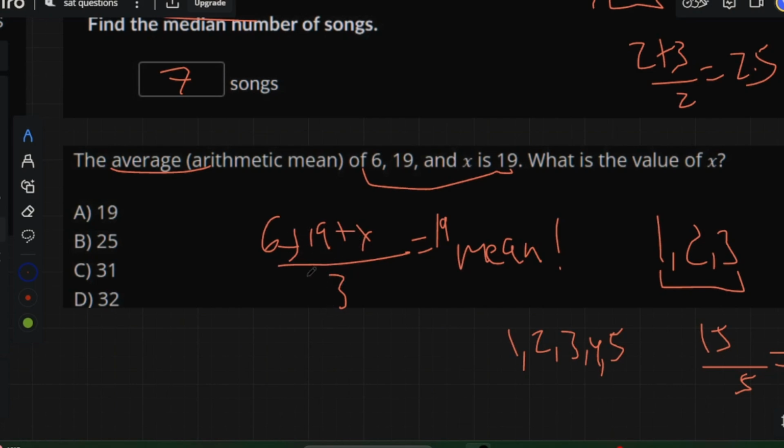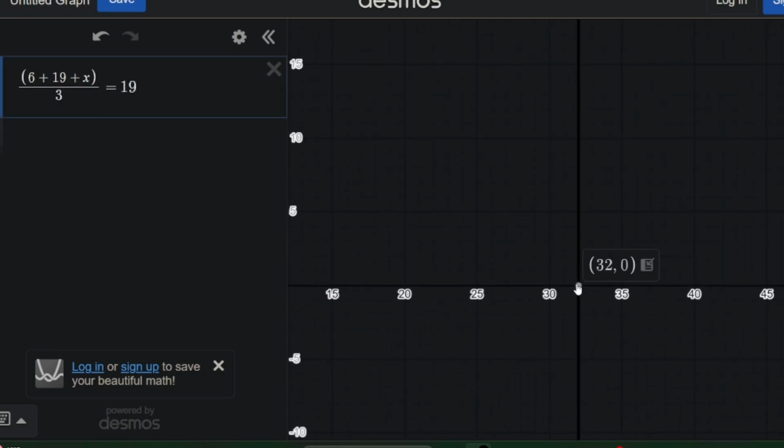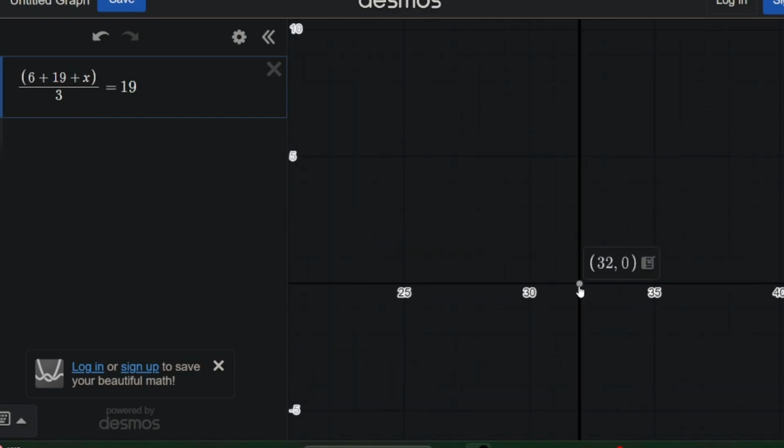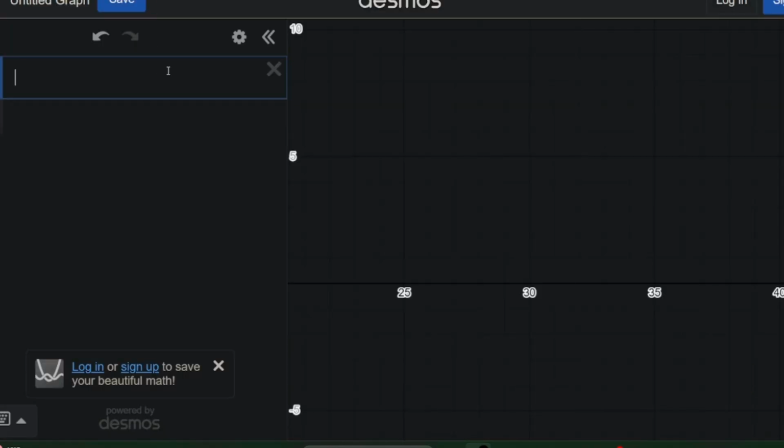So I'm actually not even going to do this algebraically. 6 plus 19 plus x, put that in parentheses real quick, divide by 3 is equal to 19. If we take a look right here, 32 is going to be your answer for x. And therefore D is your answer. That's simple. Now, there is also the mean function in itself. So 3, 4, 5, 6, 7, 8, 5.5. It's that simple. So you are given your mean and your median functions.